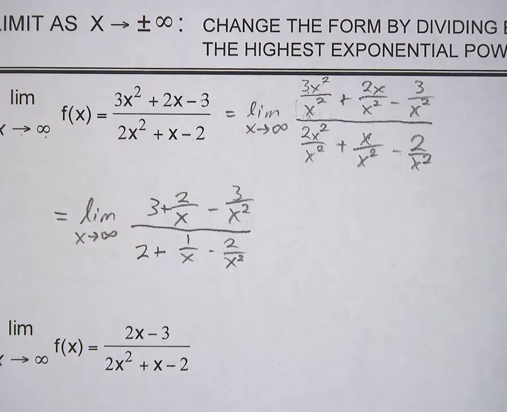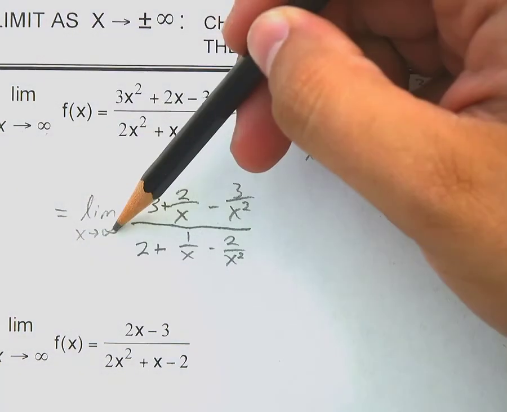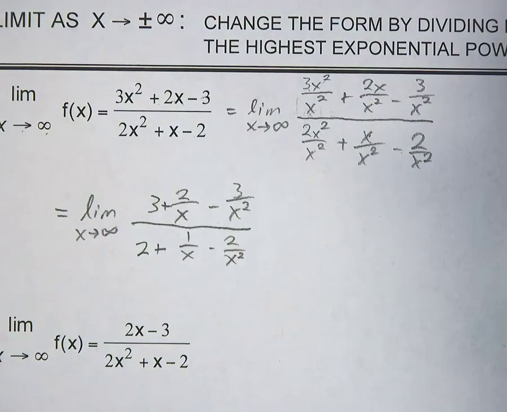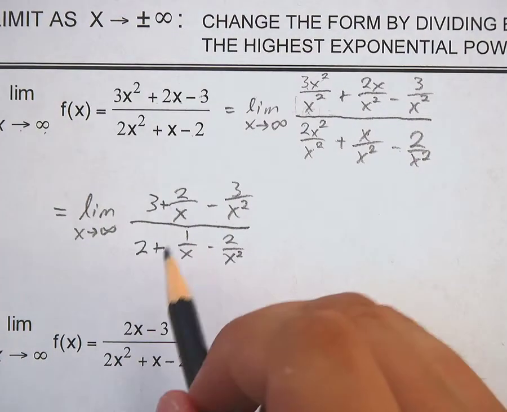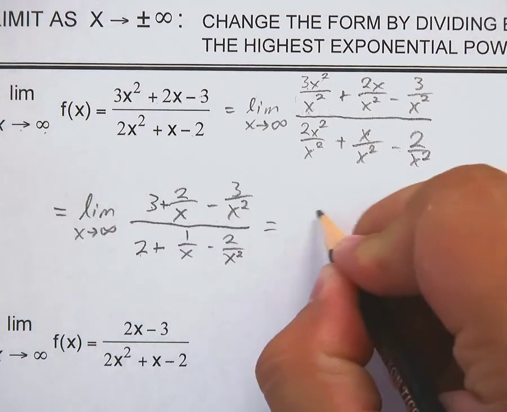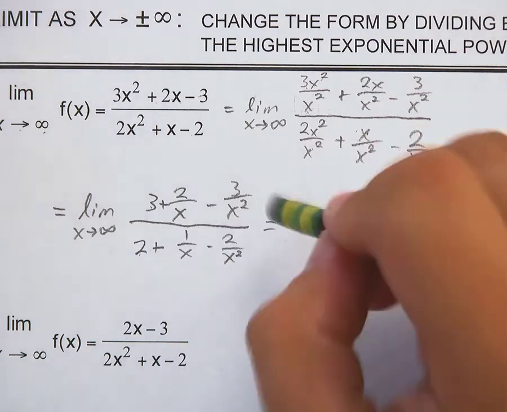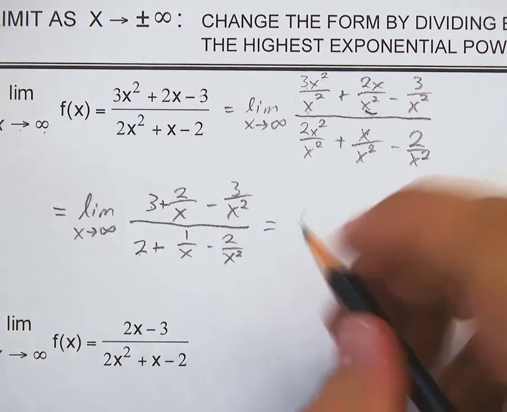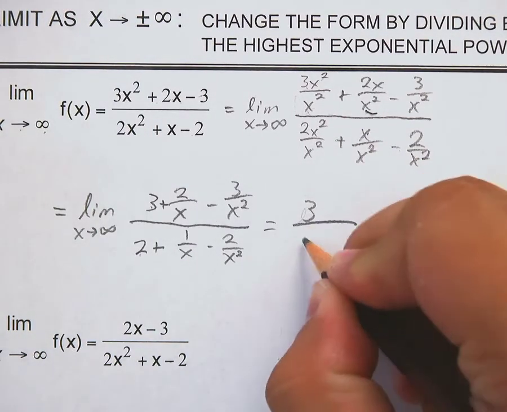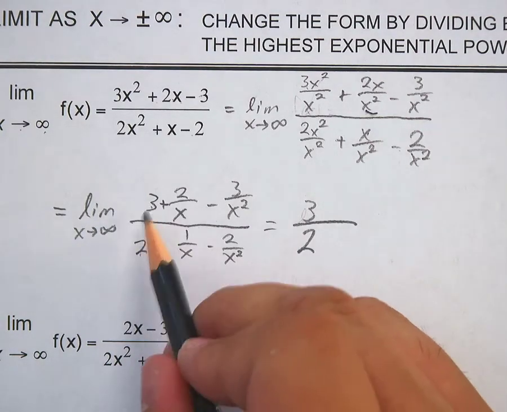Now what you're trying to identify here is what happens if you throw an infinity in for x. Well, now you've got 3 over 2, right? That's going to be the same. There's no x's here, so those are just constants.